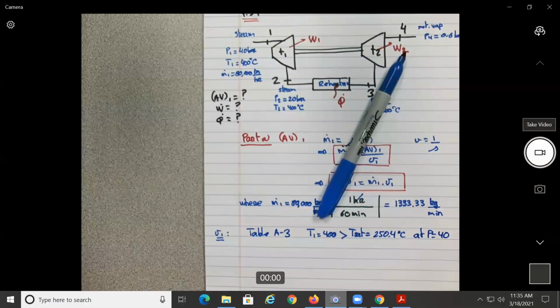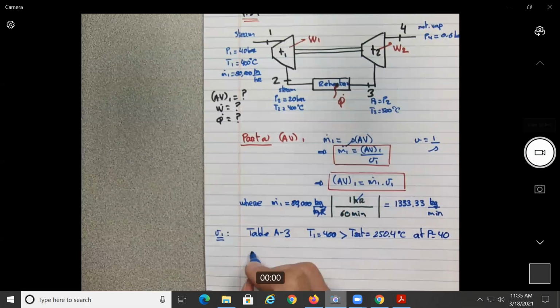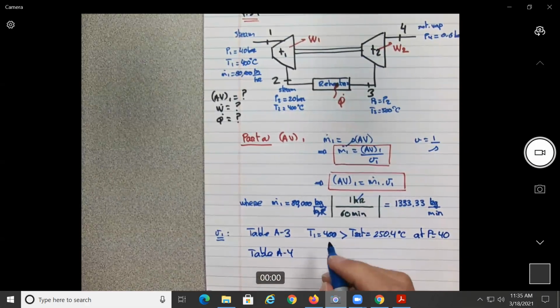Okay, so now that means that we need to go to which tables? Table of the superheated, that will be table A4 at P equal 40 and T equal 400.